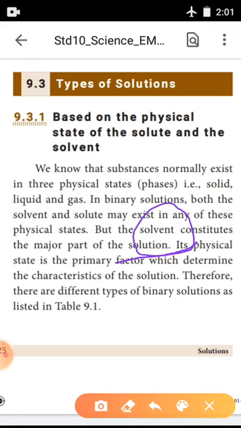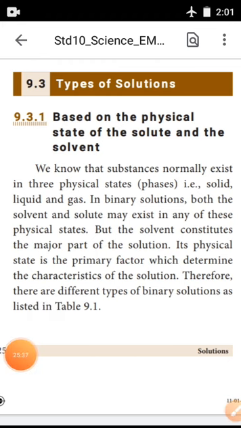So liquid state, for example water, oil, these are examples of liquid. That is solvent. So solvent is the type of liquid. So from this topic we have to learn what is the major part of a solution.